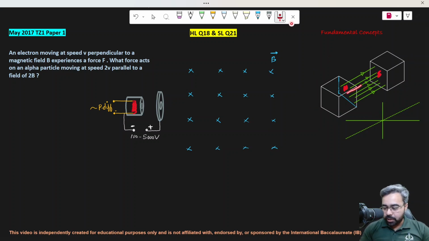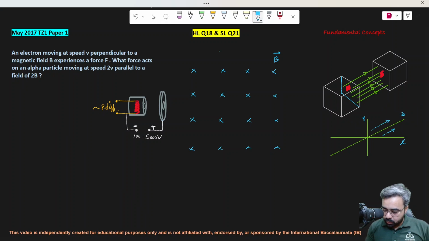This is an external magnetic field going into the plane, or you can consider it going in the negative z direction, if this is the x-axis, this is y, and this is the z-axis. That is the direction of the magnetic field, which we always show with the help of this cross.